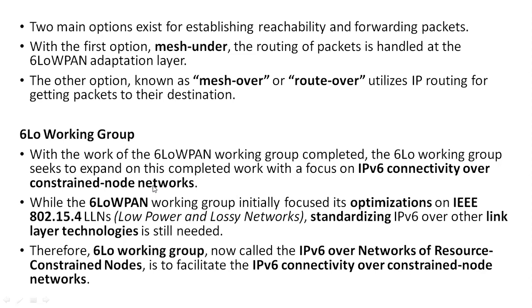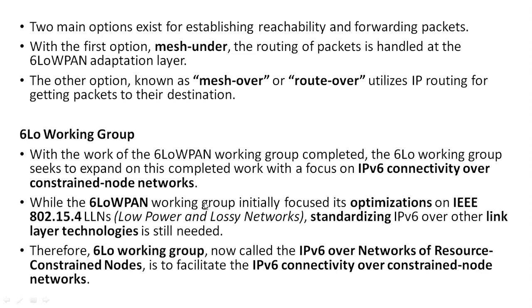So the main concentration of 6Lo was to connect the constrained networks so that they can transmit IPv6 packets. Earlier, 6LoWPAN was working only with the optimizations of IEEE 802.15.4 LLNs, meaning low power and lossy networks, and standardizing IPv6 over link layer technologies was still required.